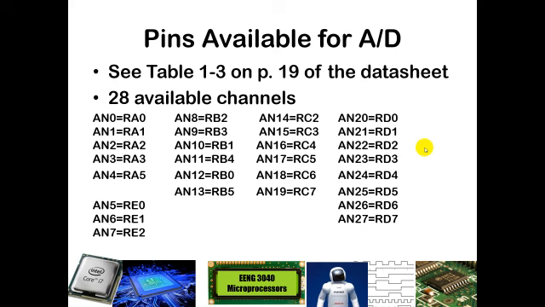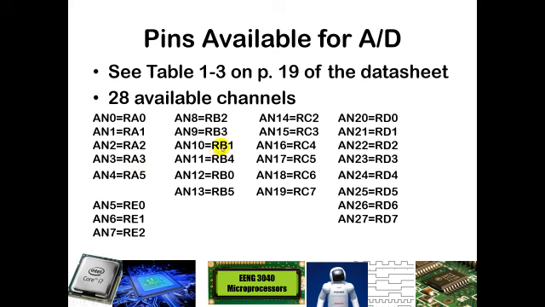You will also note that in some cases the analog numbers are in the order of the pin numbers for the digital representation on that particular pin. For example, AN0 is the same as RA0, AN1 is RA1, AN2 is RA2, AN3 is RA3. Note there is not an analog signal on the same pin as RA4, but AN4 is on RA5.